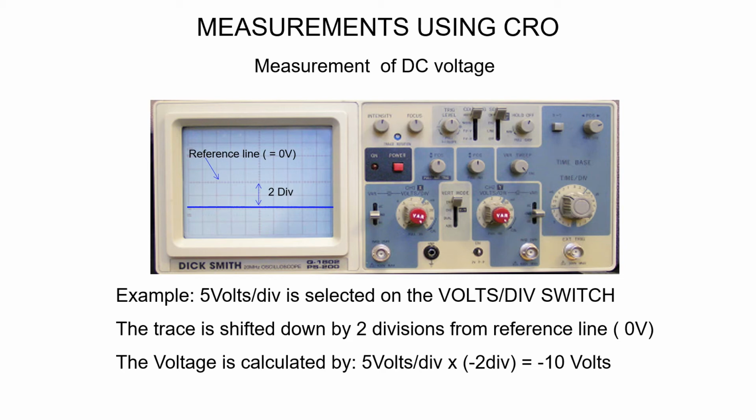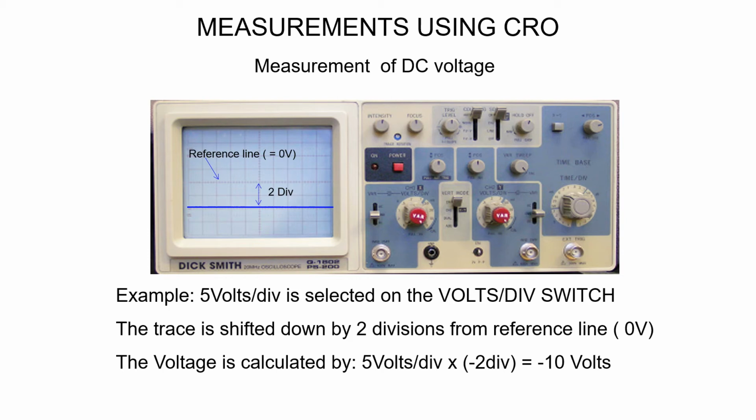So the DC voltage is calculated as 5 volts per division into minus 2 divisions, since it has shifted down. It is nothing but minus 10 volts. This is how we calculate the negative DC voltage.